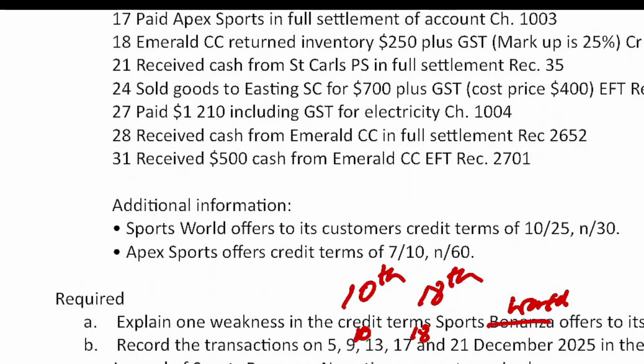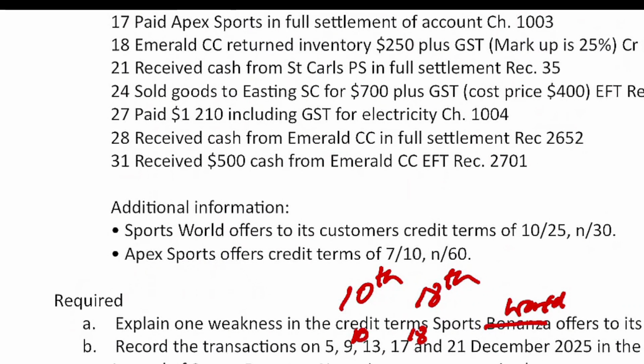There is no benefit that Sports World is getting from this. They are offering a big discount, 10%, for 25 days. Now it doesn't make sense. They should have shortened the days, probably around 7 or maximum 10 days. Write down the answer.